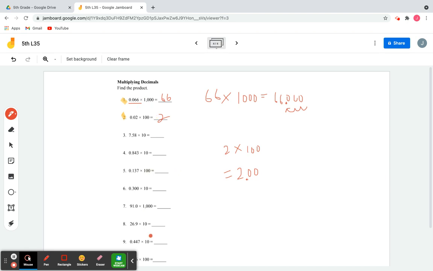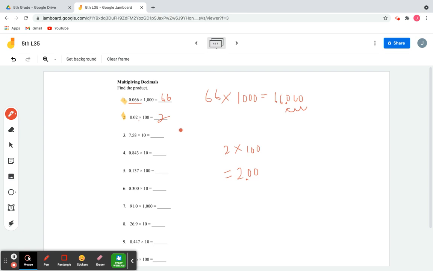For this kind of problems, the easier way to solve the problems is that you just move the decimal point right away. So you see there it is 100, right? So when we multiply by 100, you can just simply move the decimal point to the right by 2 units. So when we move the decimal point to the right by 2 units, we're going to have the decimal point here, and it's the same as 2.00.